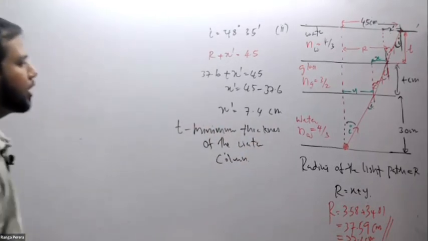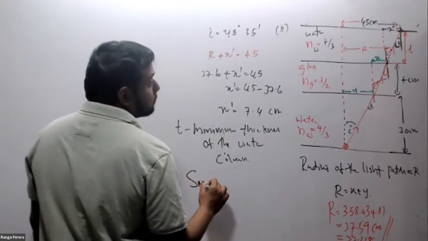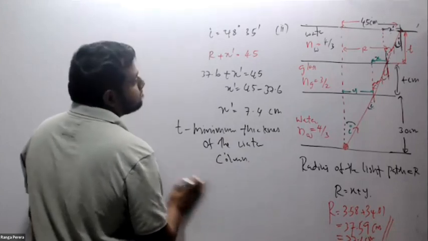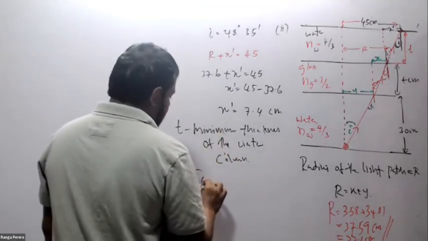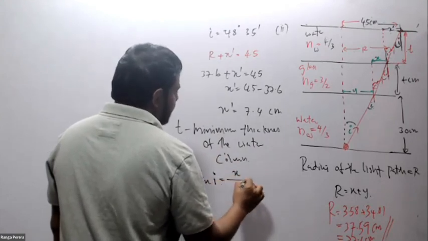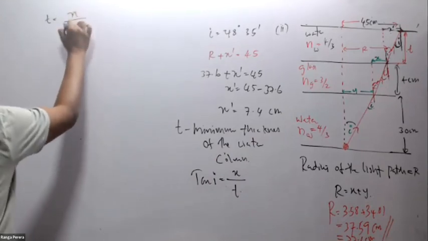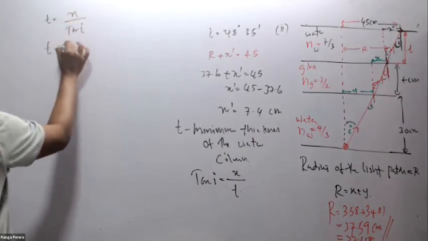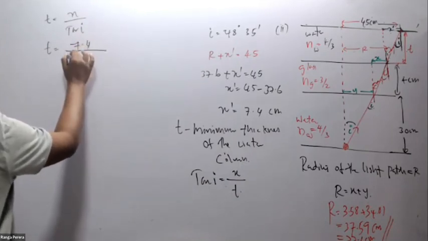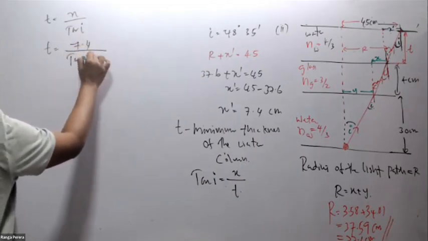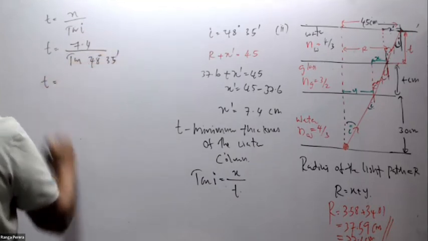The minimum thickness of the water column is taken as T dash or T. So we can take tan I. Tan I equals x divided by T, so T equals x divided by tan I. T equals 7.4 divided by tan 48°35′.